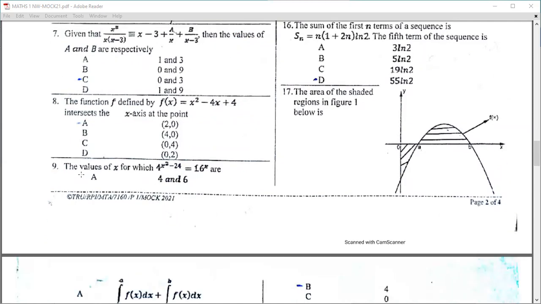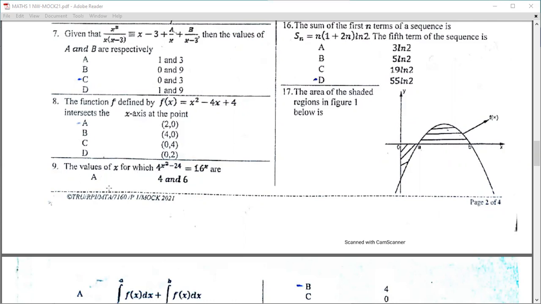So question number 9, we have the value of x for which 4 to the power x squared minus 24 is equal to 16 to the power x. So we have to find the values of x here.